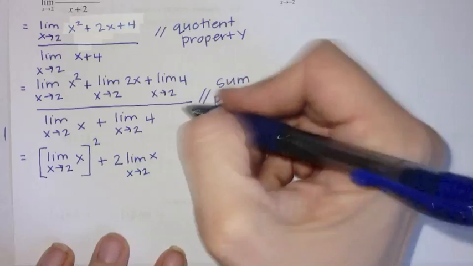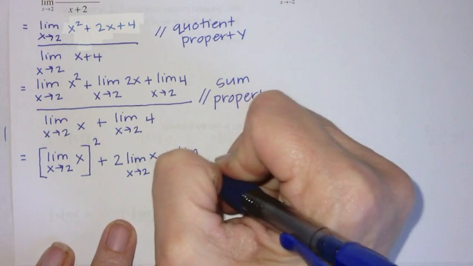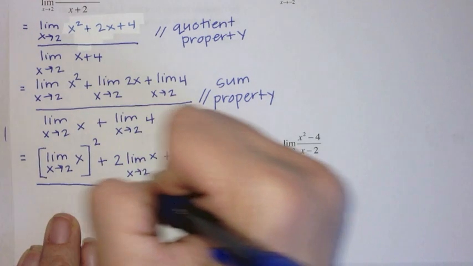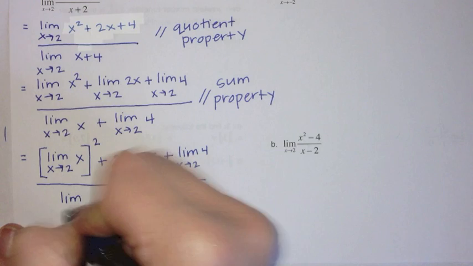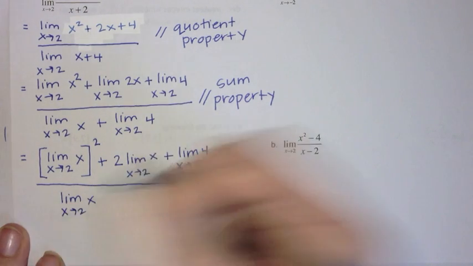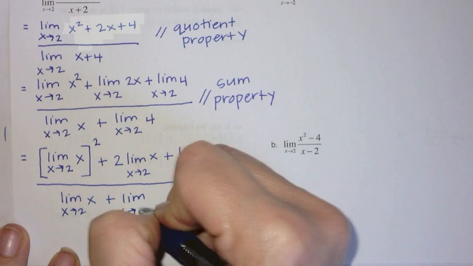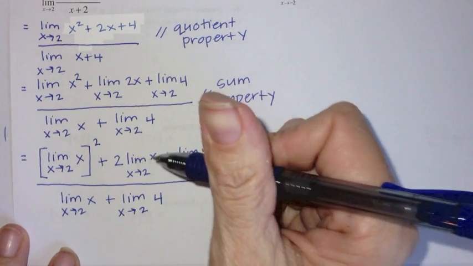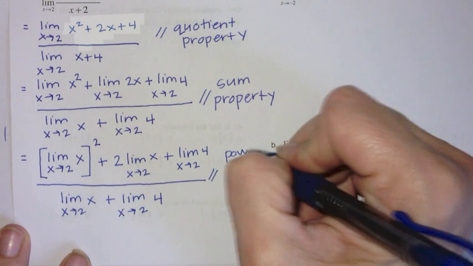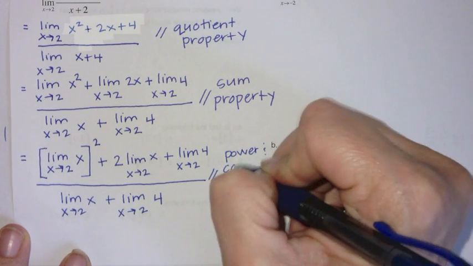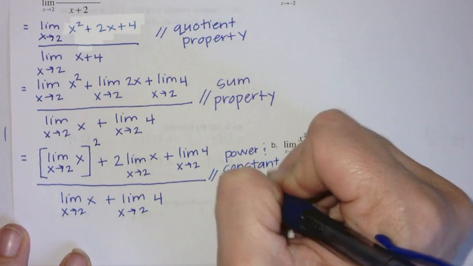This is a constant, so I'm not going to mess with it because the limit of a constant is the constant. And down here, I already have just x. So now, what did I use? I used the power and constant multiple properties.